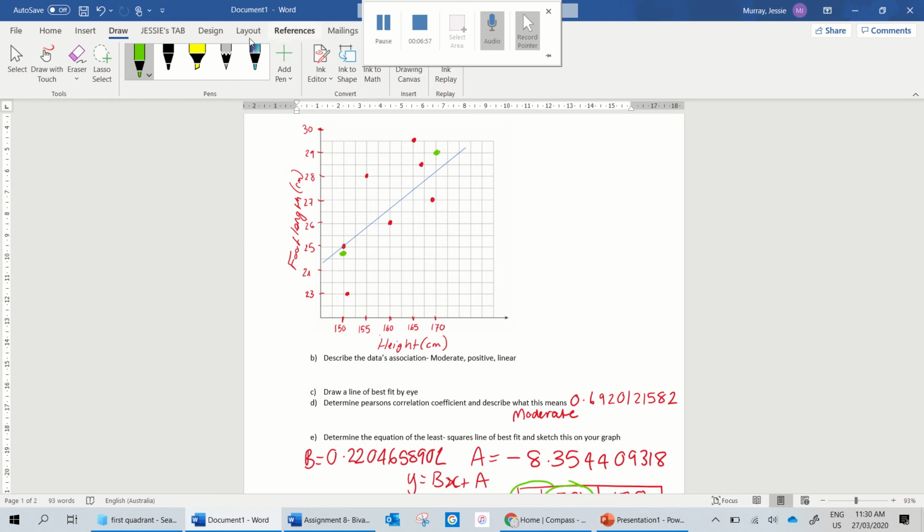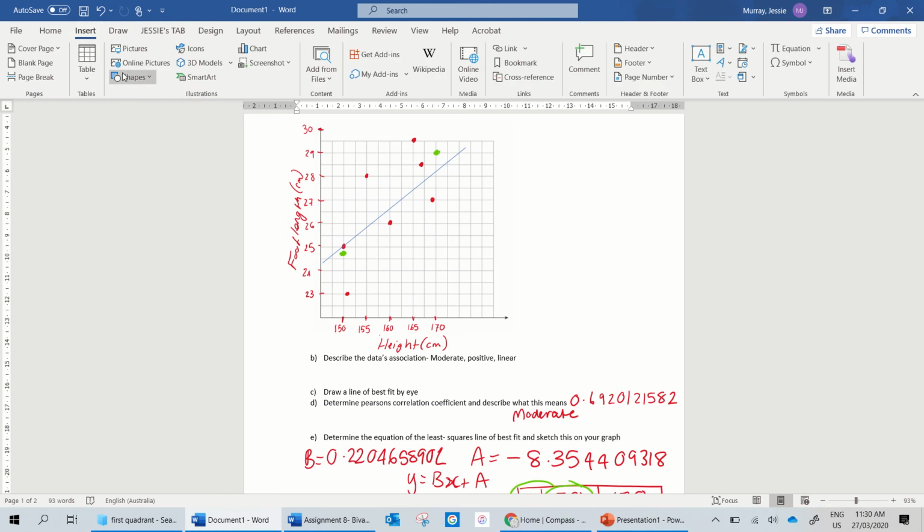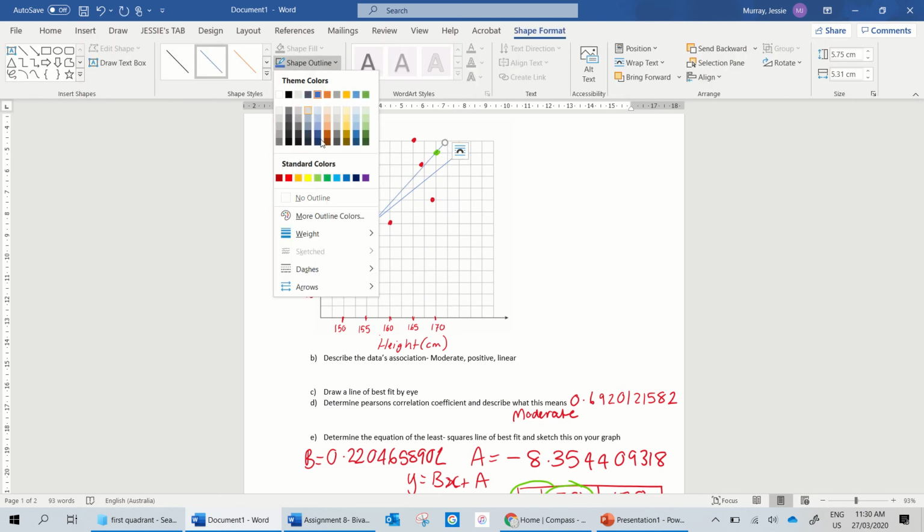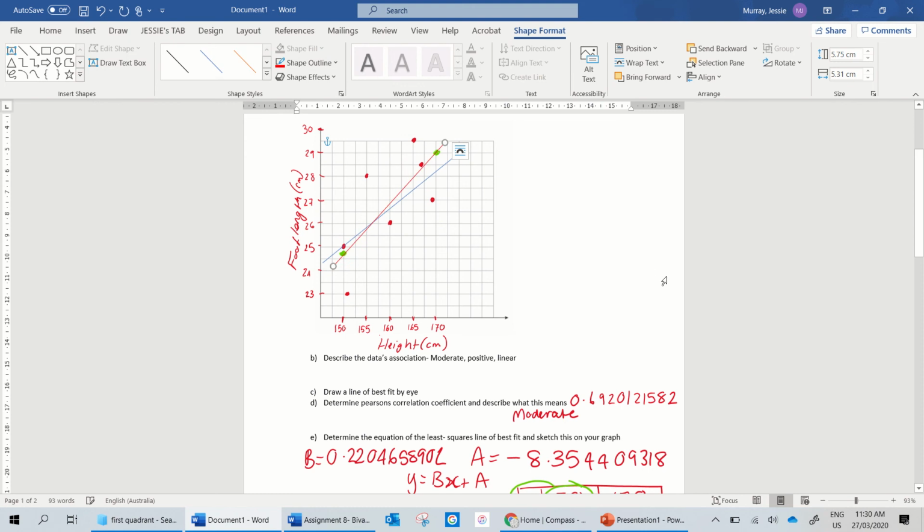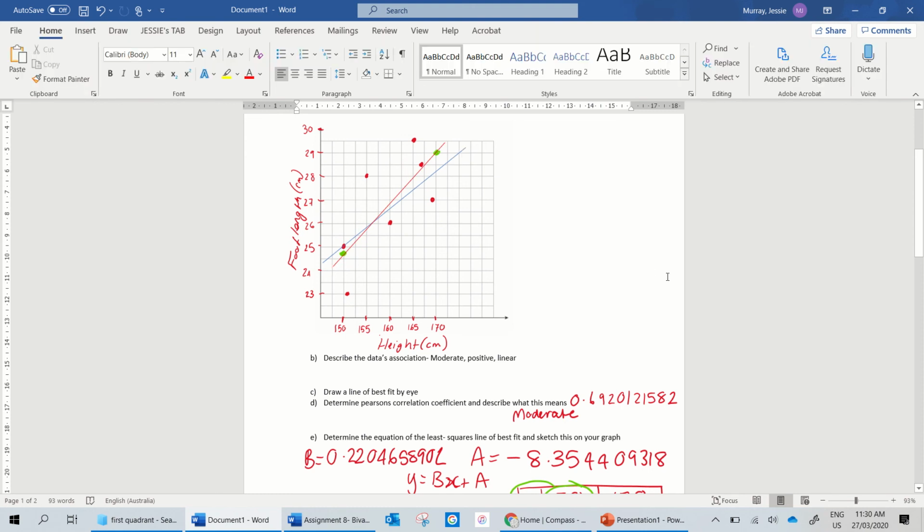There's my 2 points, and now all I'm going to do is draw my new line between those 2 points. Okay, so I'll do it as best as possible, and that's good enough. Alright, and I'll just make that a different color. So my least squares line of best fit is now in red, and again it is quite close to what I did by eye.